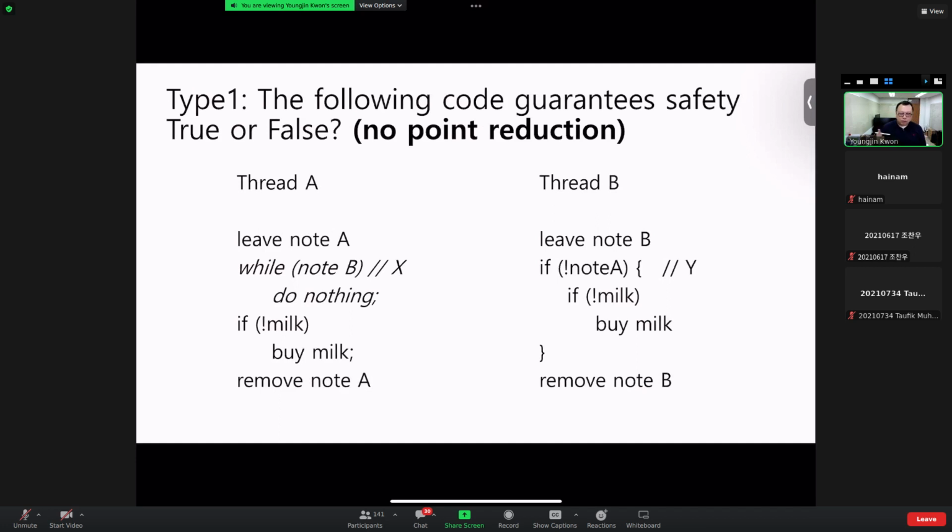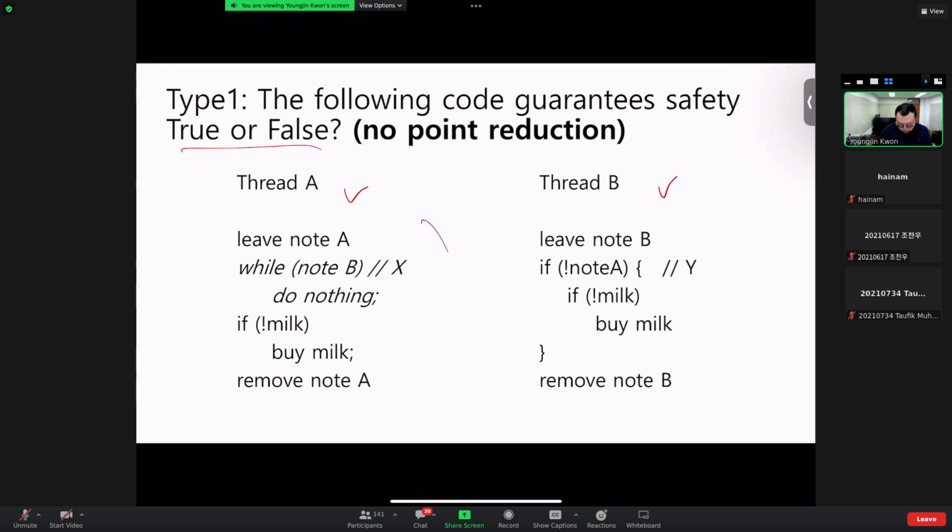They are a similar type. This is also a true or false question, but here you look at these two pieces of code, and whether this code works correctly or not.